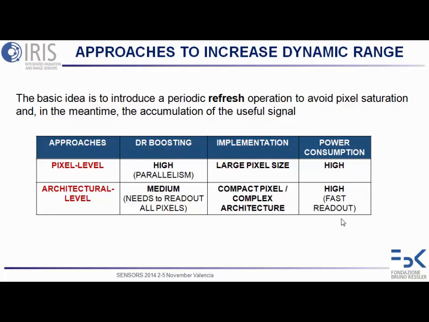So in this way, the refresh operation has to be executed by selecting the pixel and reading out the pixel, and for that reason, the frequency of the refresh operation is limited by the resolution of the sensor and also by how fast our readout circuit is. Another important parameter to take into account is also power consumption, which is usually quite high in both cases.